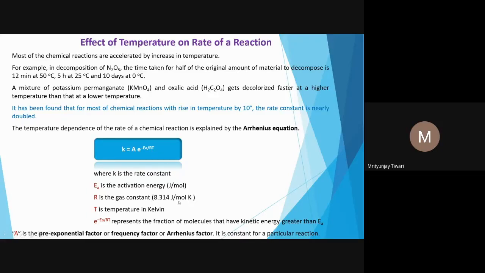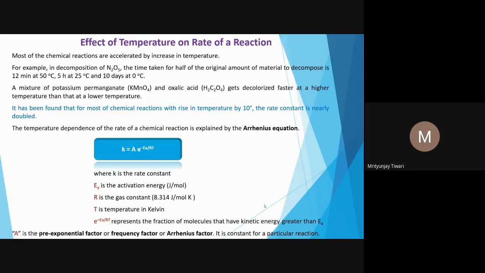The term e to the power minus EA by RT, the exponential of minus EA by RT, represents the fraction of molecules that have kinetic energy greater than EA. What is the activation energy? We will see a bit more detail in the following slides.